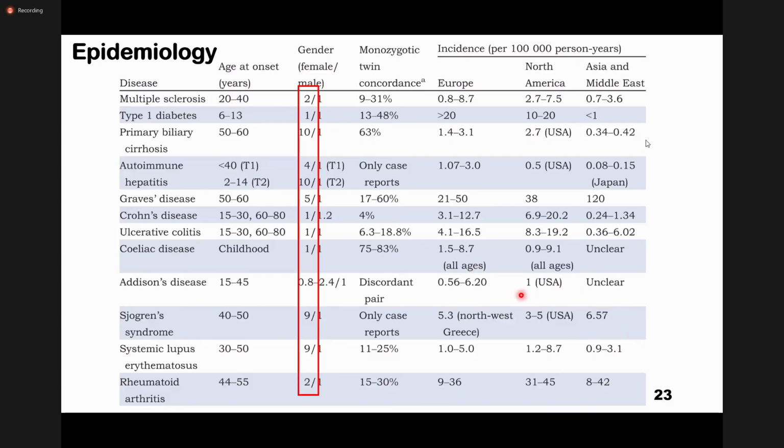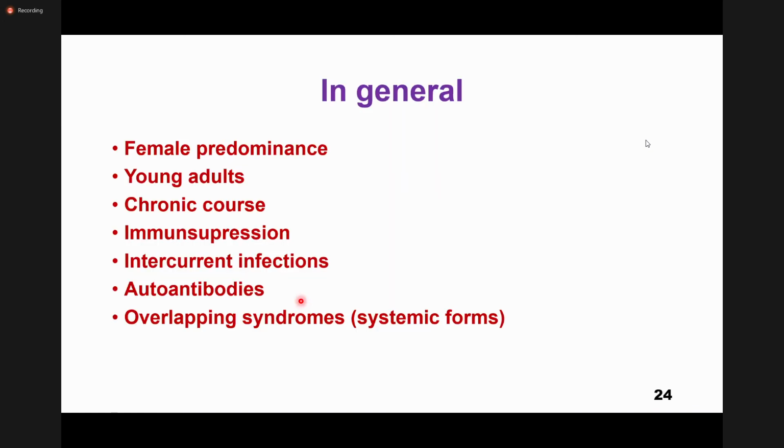When we look at the geography and epidemiology of the disease, it seems to affect the female gender more than the male gender in most autoimmune diseases, and there are ratios of its occurrence worldwide.